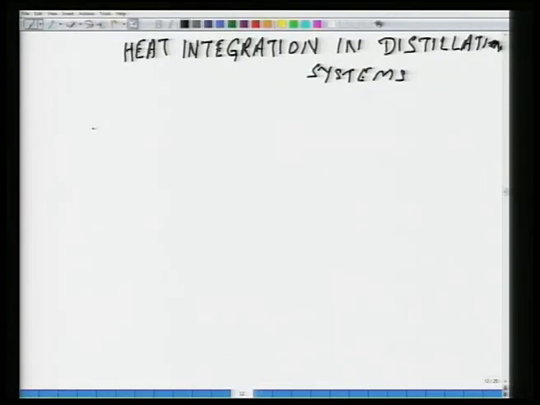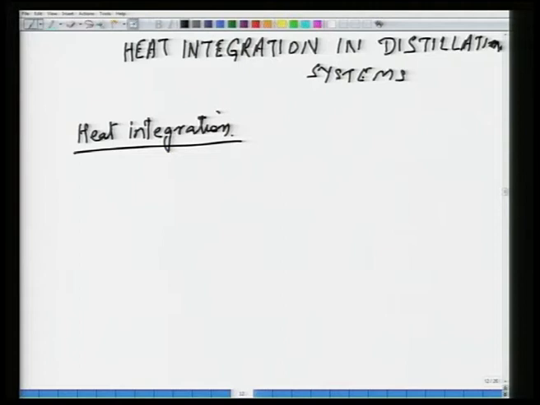First of all, what do we mean by heat integration? Well, specifically, heat integration in general means you have a hot stream someplace in the plant, and a cold stream someplace in the plant. The hot stream needs to be cooled and the cold stream needs to be heated up.